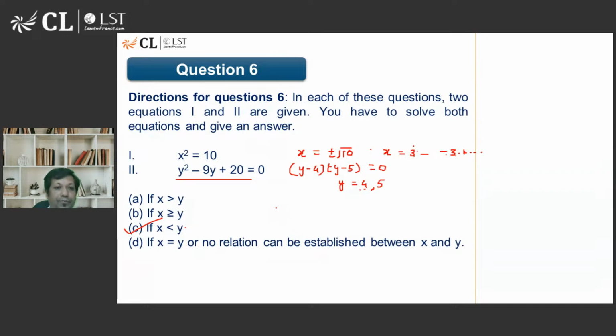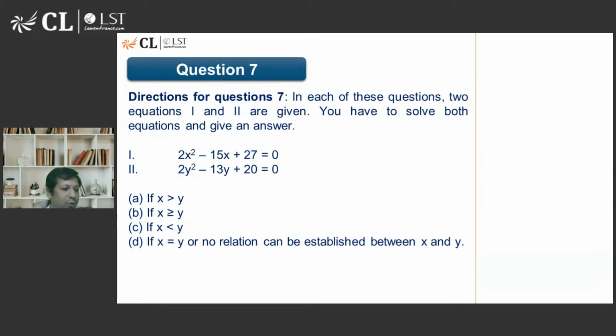Okay. Now let's look at a different question. What does it say? It says 2x square minus 15x plus 27. So 2x square minus, this is I think going to be 9x minus 6x plus 27, and that's equal to 0.